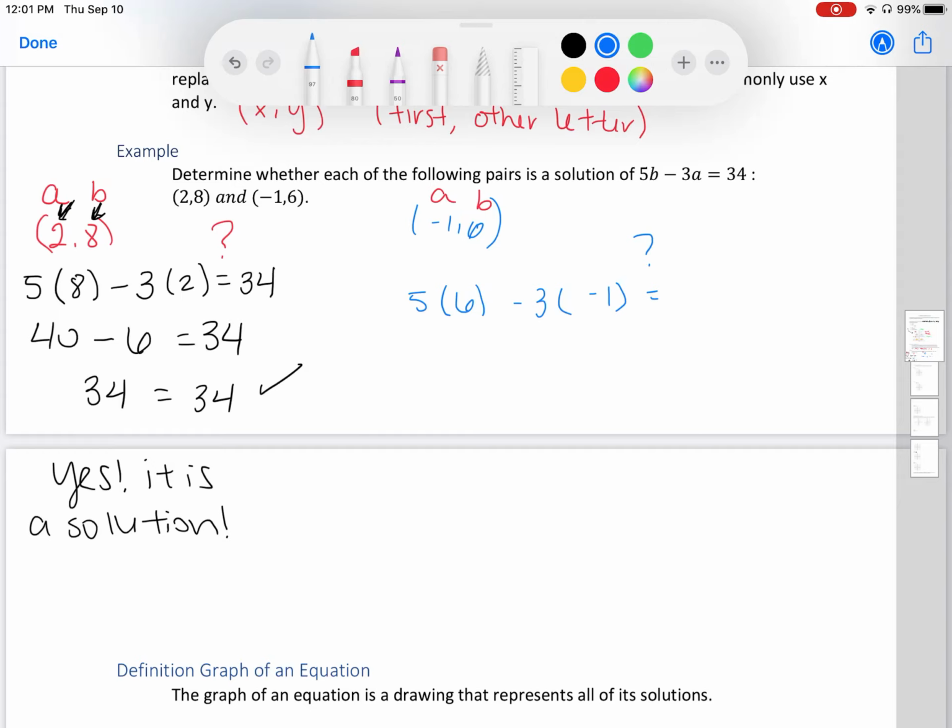We want to see, big question mark, if it still equals 34. All right, 5 times 6 is 30. 3 times negative 1 is positive 3. 30 plus 3 is 33, which is not equal to 34. So we would say no, it is not a solution.